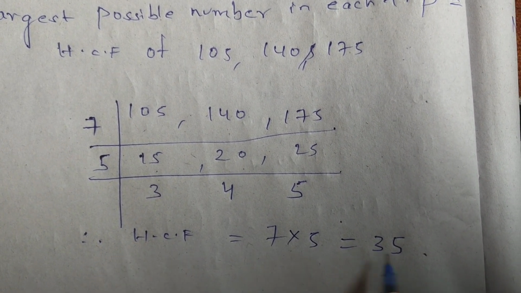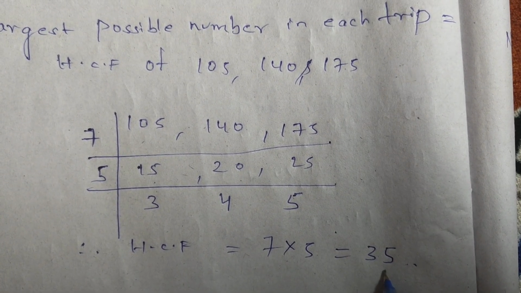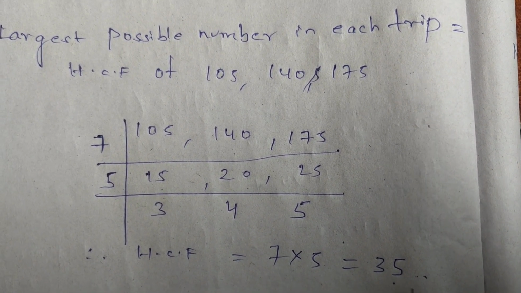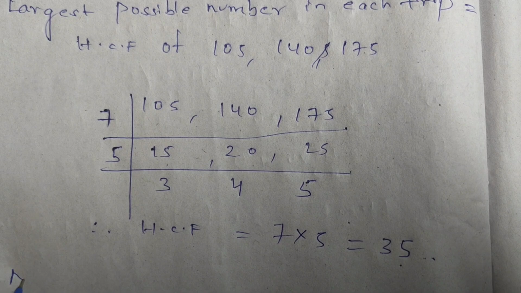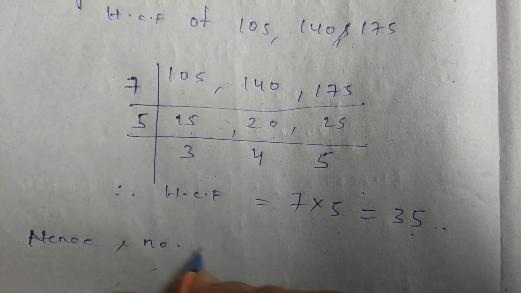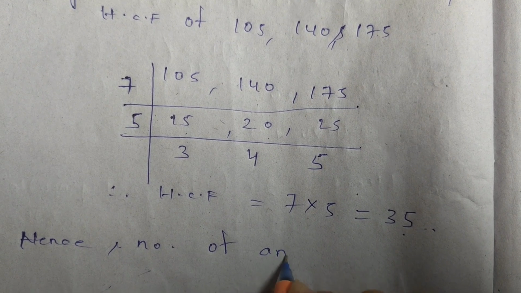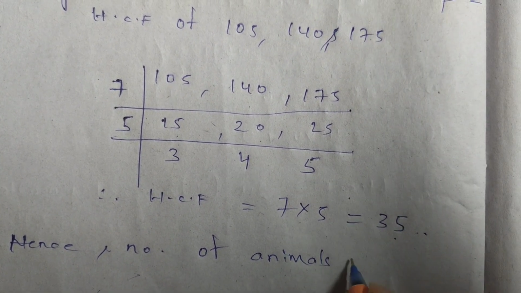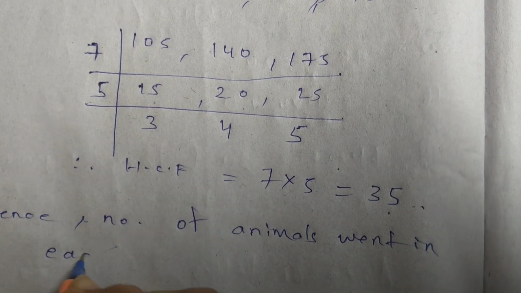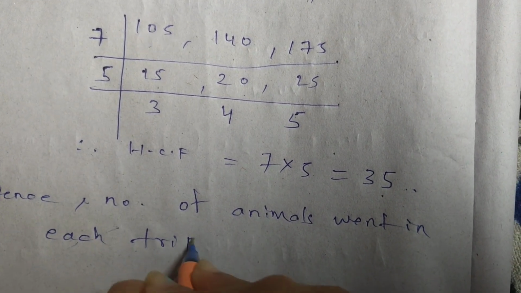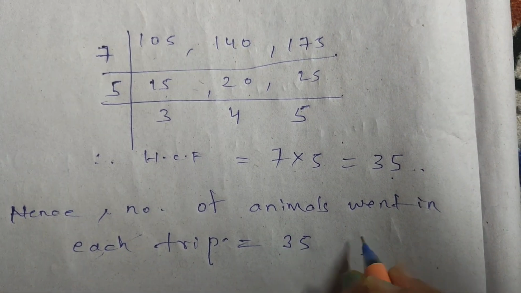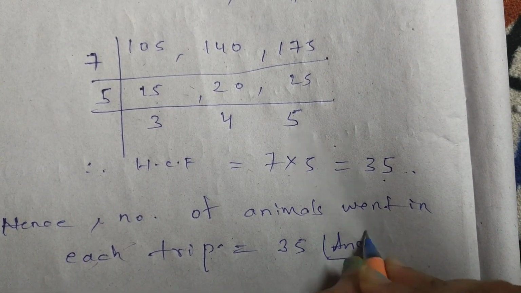So we get the HCF 35. That means in each trip the boatman takes 35 animals. So hence the number of animals that went in each trip equals 35. Okay, this is the answer.